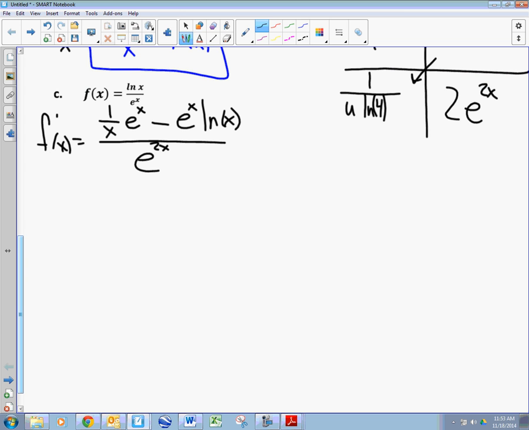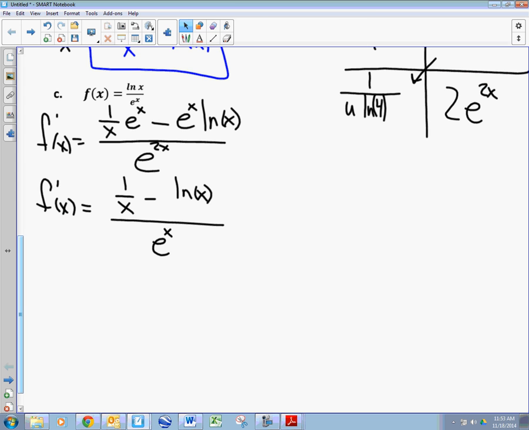There's an e to the x in the numerator and one in the denominator, correct? Take it out. Now, I have a complex fraction. You cannot leave a complex fraction. You must simplify it.